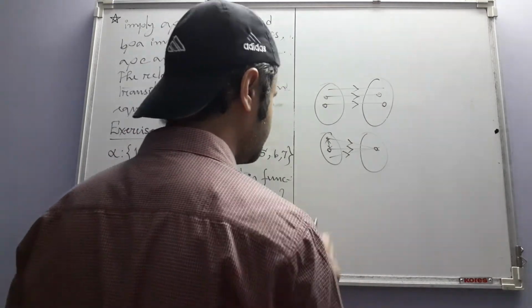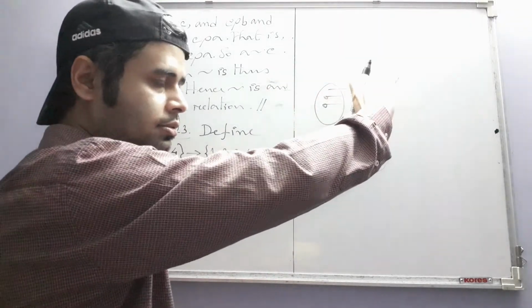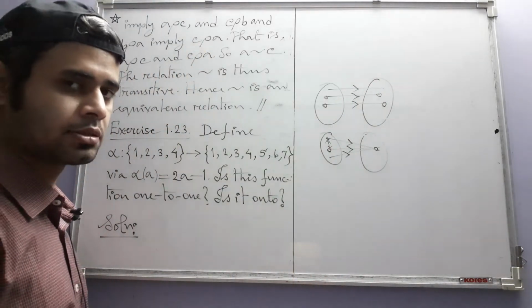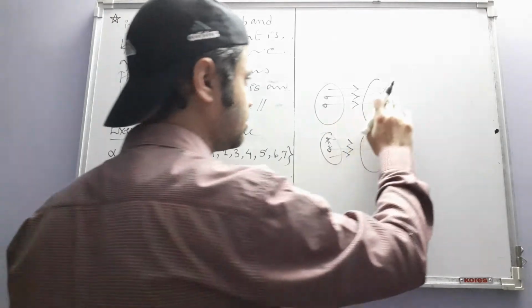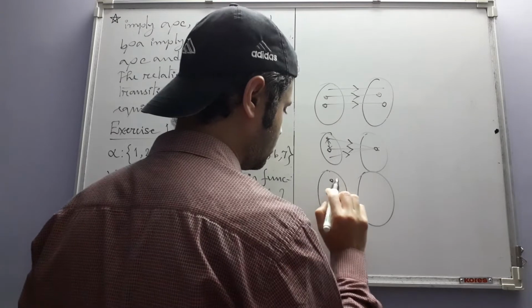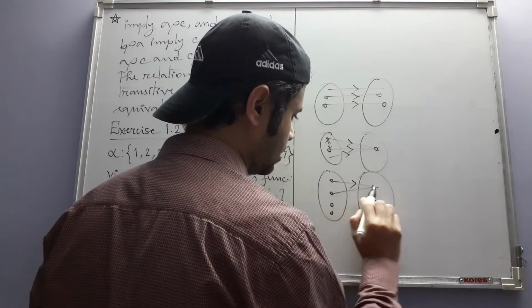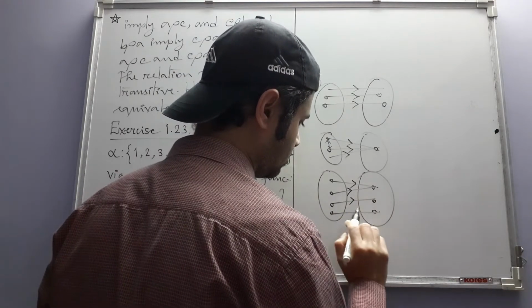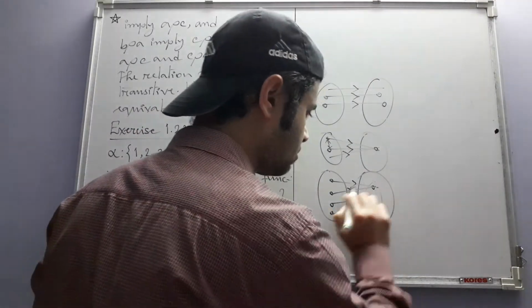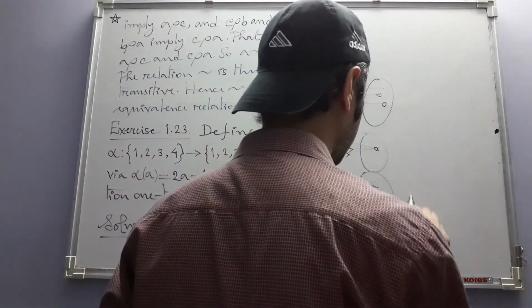Onto-ness means the entire shadow of the domain covers the second set, covers this space completely. This is an onto function because the set of images is this, which is equal to the second set, which sometimes we also call the codomain.